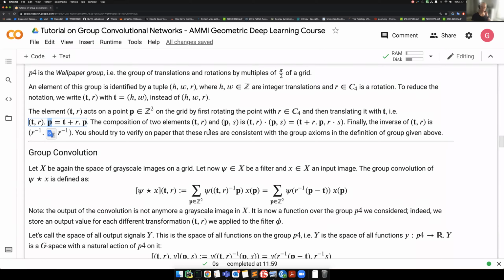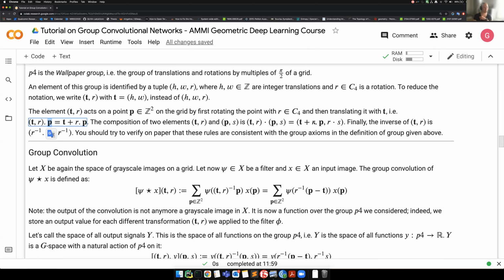What we have not said is how the group elements combine with each other. So if you have a translation by T and a rotation by R, and another element which is a translation by P and a rotation by S, you can combine them with this rule. Basically, rotations combine with each other: R times S gives you R times S, while the first group element, T and R, acts on the translation P as if it was a point in the plane.